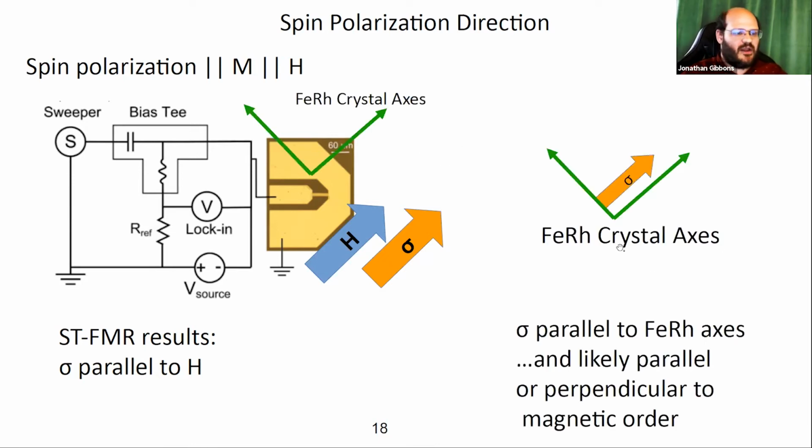But when you grow iron rhodium, its crystal axes orient themselves at a 45-degree angle, which actually puts one of the iron rhodium crystal axes parallel to where we think our spin polarization is. And in fact, the iron rhodium magnetic ordering likely also follows one of the directions of the crystal axes. So we think that our spin polarization is either parallel to or perpendicular to the magnetic ordering direction. So we believe that it's likely set by the magnetic ordering.